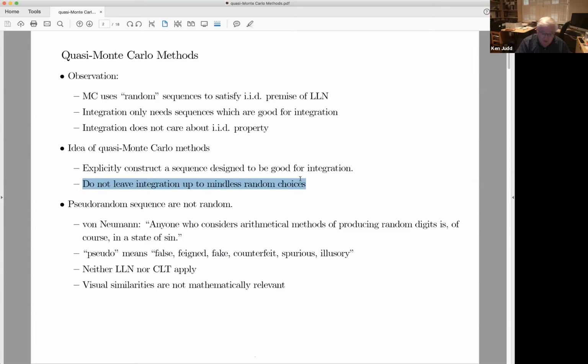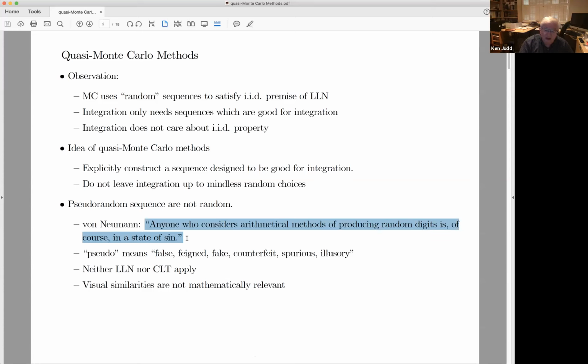Using Monte Carlo methods is like saying, my brain is tired, I'm just not going to use it, so I'm going to let some random number generator, which of course isn't really a random number generator, do the job. And so there are some interesting comments about conventional random number generators.